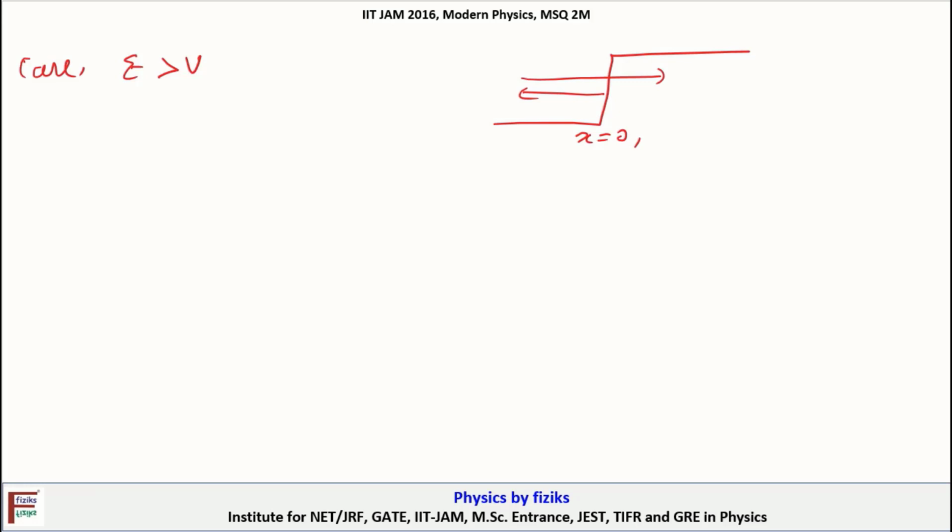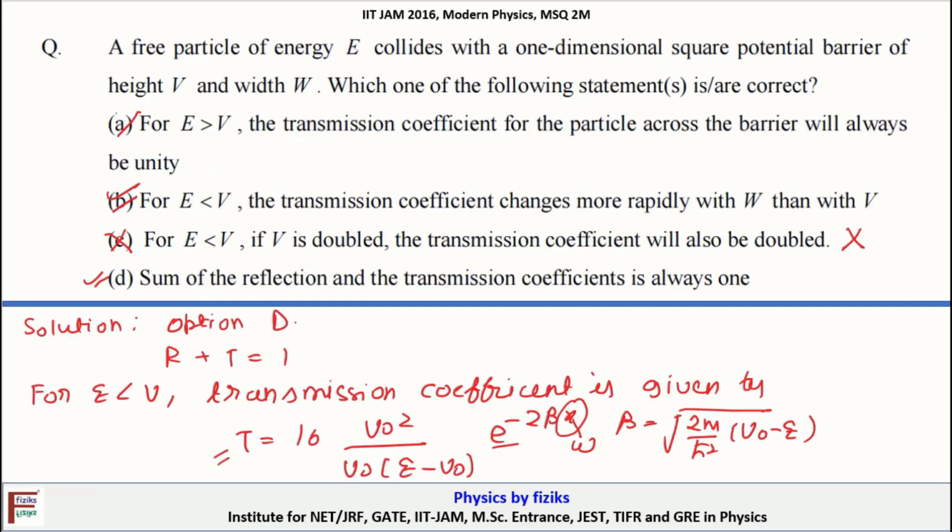So here also the condition R plus T equals 1 is satisfied, not T equals 1 and R equals 0. So option A is incorrect. Our correct options are option B and D.